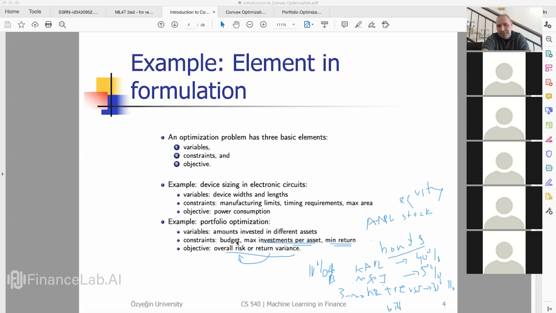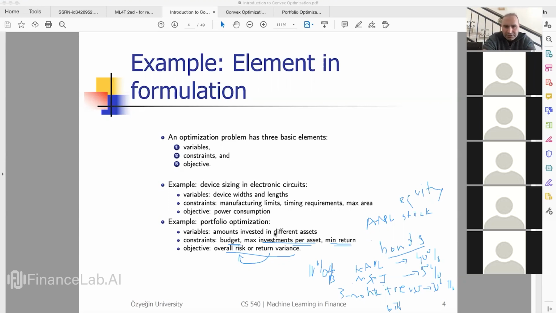For instance, we can have a budget constraint. We can say that we want to invest, let's say, at most $10,000. I'm just making it up. Or again, we may have a minimum investment per asset constraint as well. We can say that we want to invest at least 10% for each security.